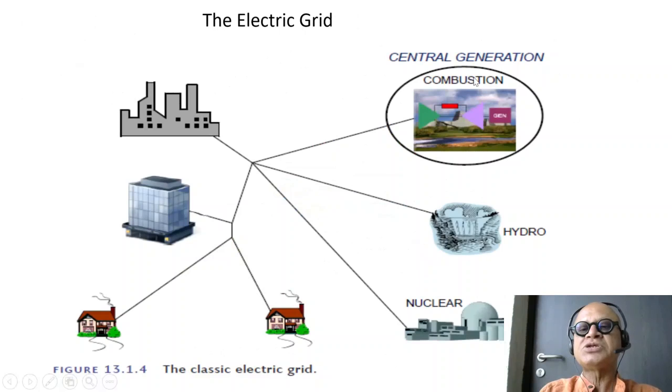So that combustion power generation, shown here with the gas turbine and other methods used, combined with hydroelectric, which is renewable to the extent of the hydrologic cycle, which is being affected by global warming as well, and nuclear, which is also renewable, with all its problems that we discussed in the other chapters.